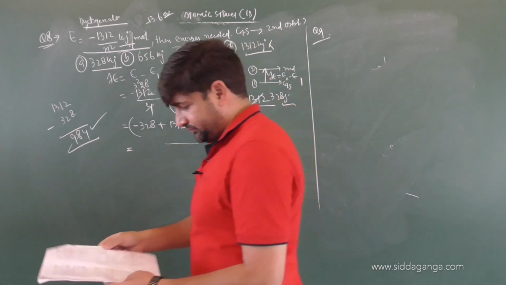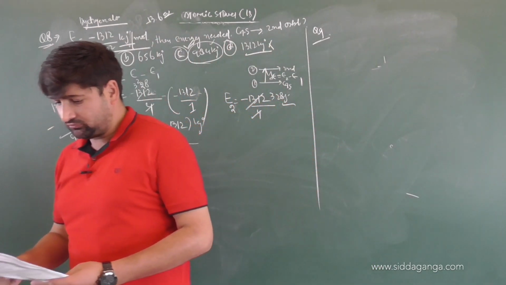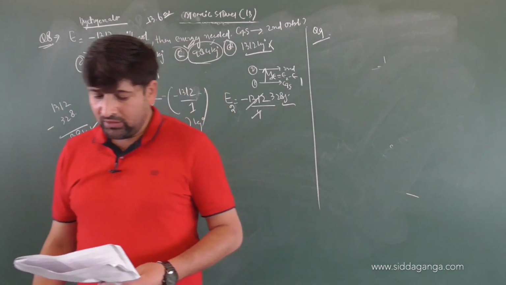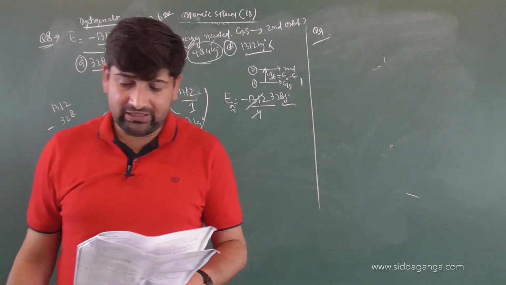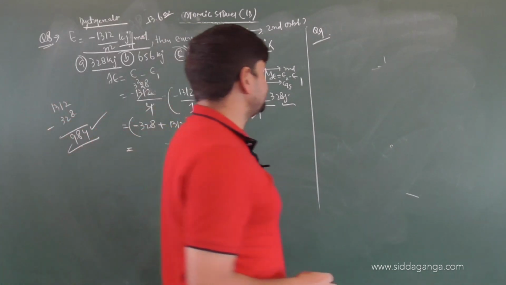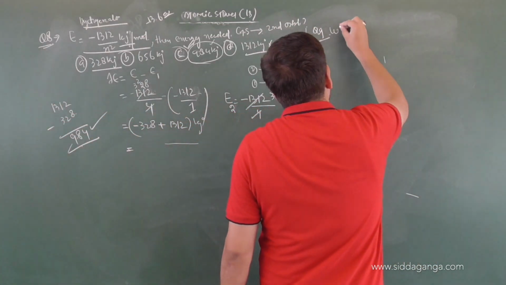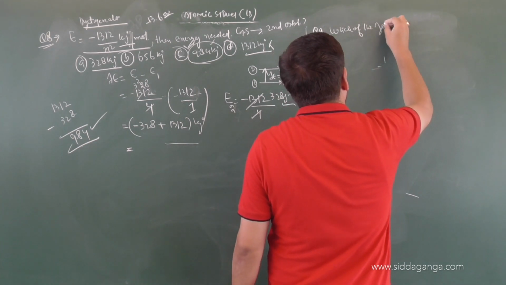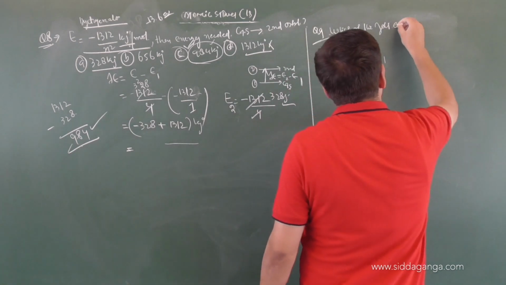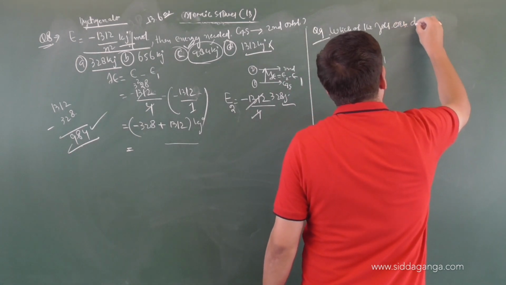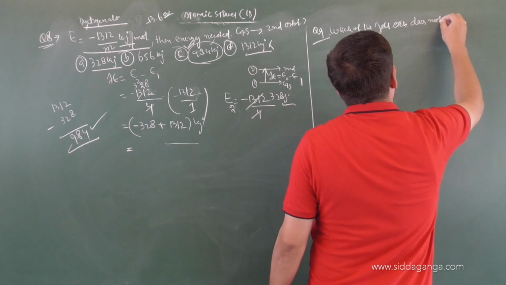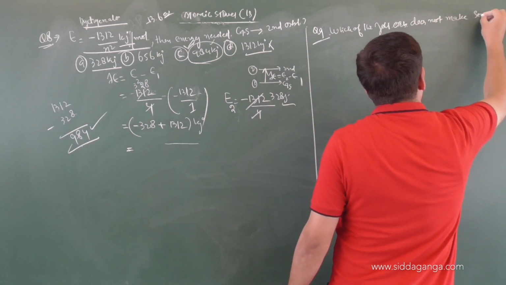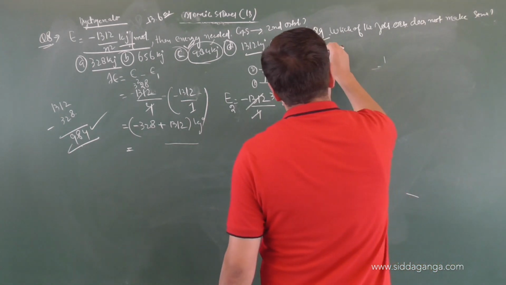Question 9 is, children, simple. Which of the following orbitals does not make sense?